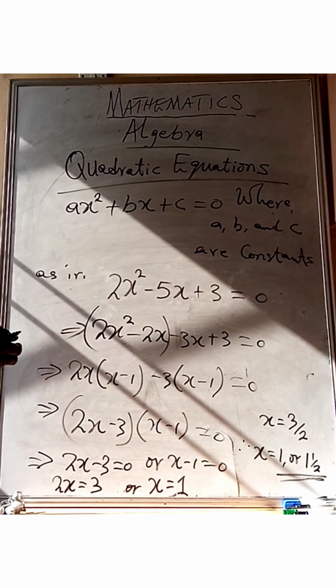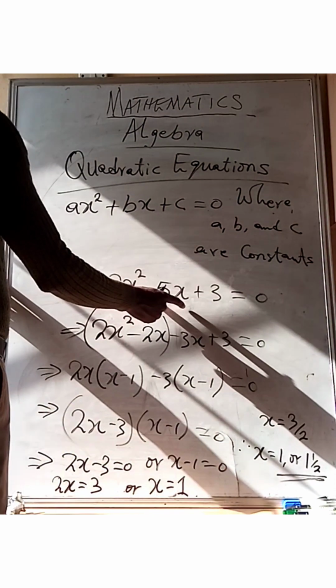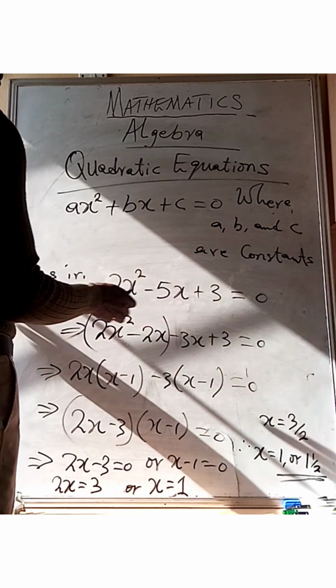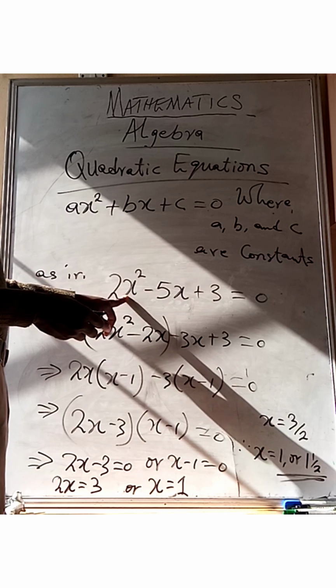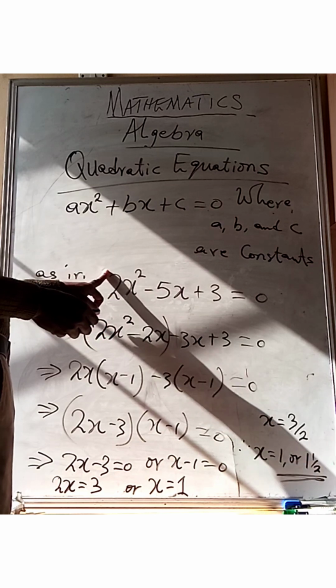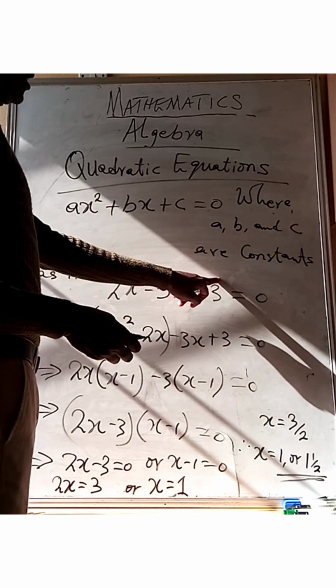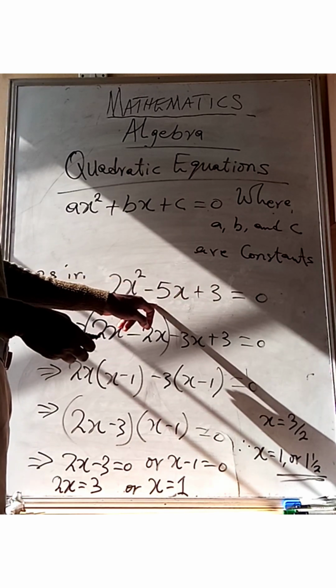Now let's check. 1 times negative 5 is negative 5. 1 squared is 1, times 2 is 2. 2 plus 3 is 5. 5 minus 5 is 0.